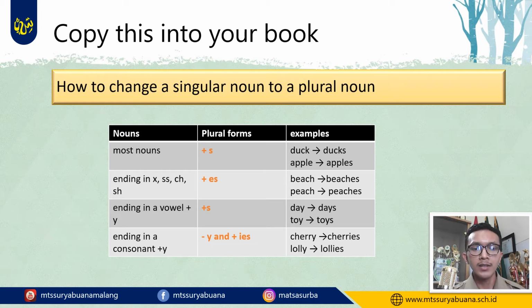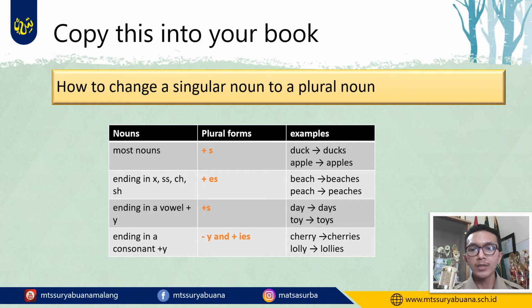And the last one, ending in a vowel. It means the word ends with y, but the way we pronounce the word ends in a vowel sound. For example, cherry. Cherry ends with y, right? But the way we pronounce it ends in a vowel sound. Cherry, lolly.